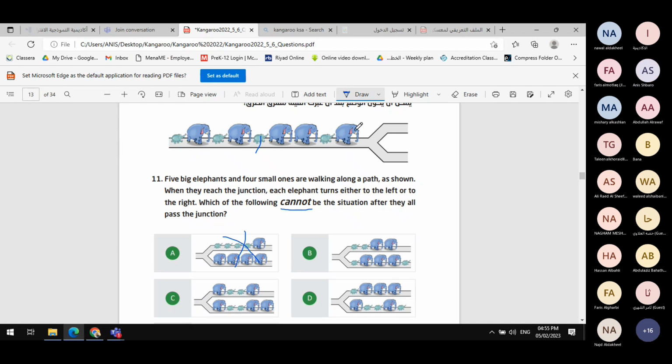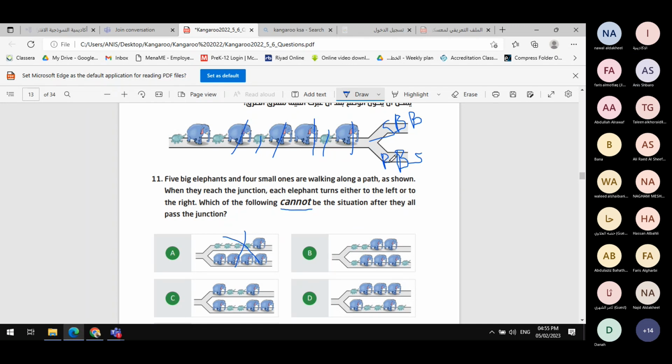The first one, will it go right or left, up or down? Left. Okay, so this one went to the left. This one, right. This one, left. This one, right. Now this small one, left, and the big one, right.